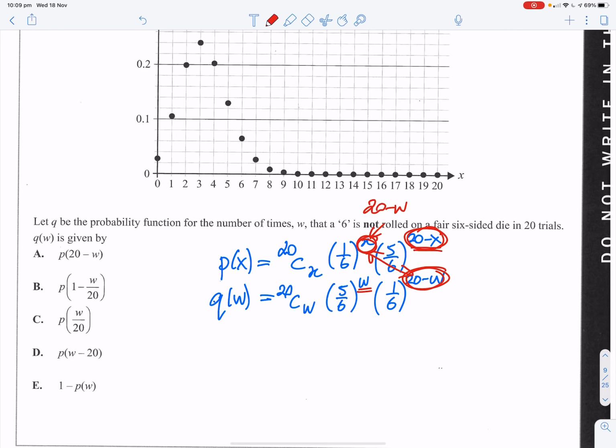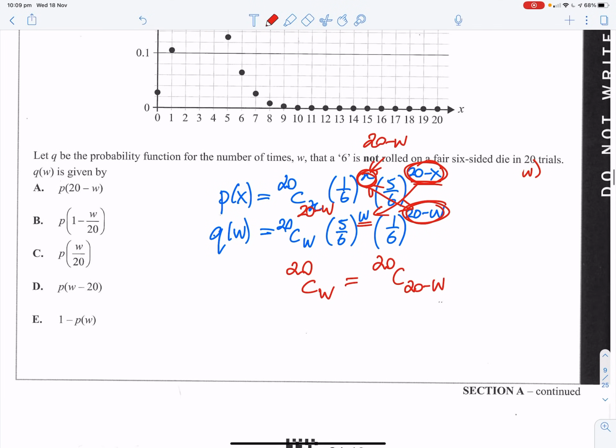If I made this x 20 minus w, I'd get 20 minus w, which would be w, so that would be the same. And then here, 20cw is equal to 20c 20 minus w.